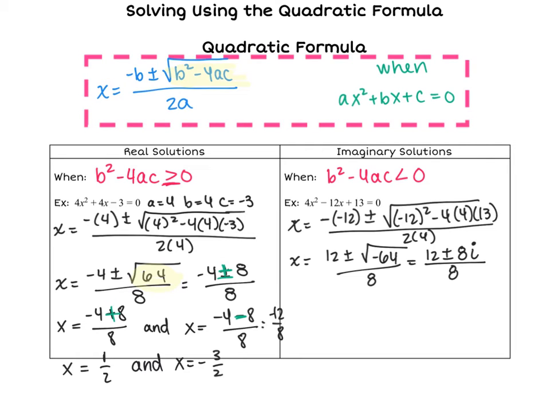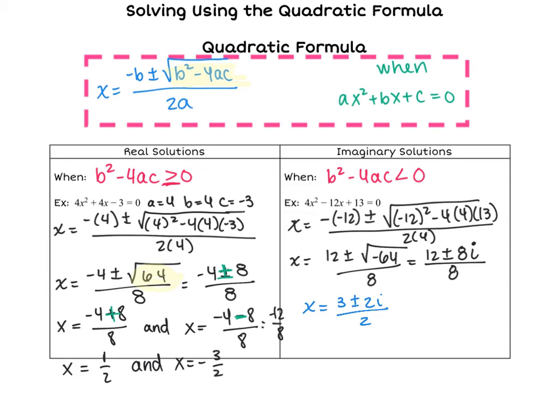There are two ways we can go about simplifying this fraction from here forward. One way would be to find the greatest factor that all three of those numbers divide by. In this case, it would be 4, and I would have x equals 3 plus or minus 2i over 2. All of these were divisible by 4.